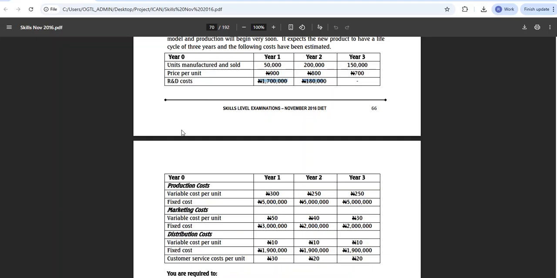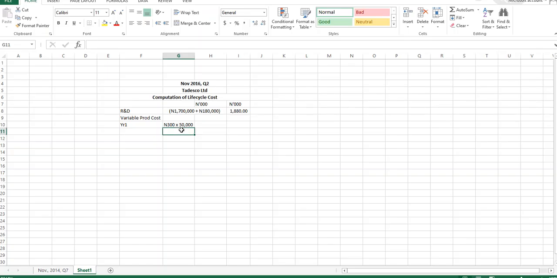Year two is what, please? Year one is 15 million, sorry, leave the figures, I will come to it. Year 2 is 250 times 200. Year 3 is 250 times 150, right? Am I right, please? Yes, you're right.